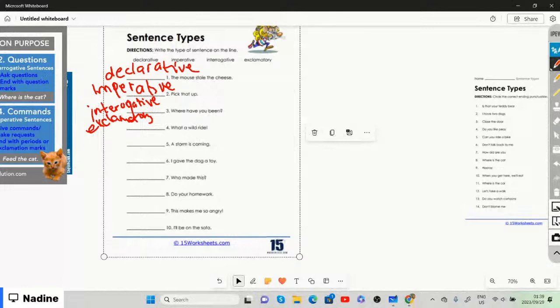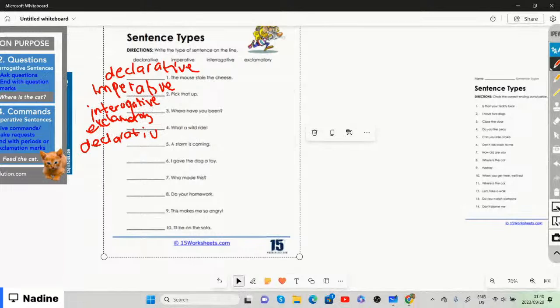A storm is coming. Is that declarative, imperative, interrogative, or exclamatory? So basically, that is just you telling someone, which means that it is a declarative. It is basically a statement that is being made and it ends with a full stop.